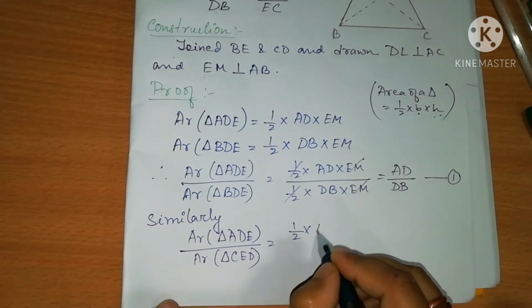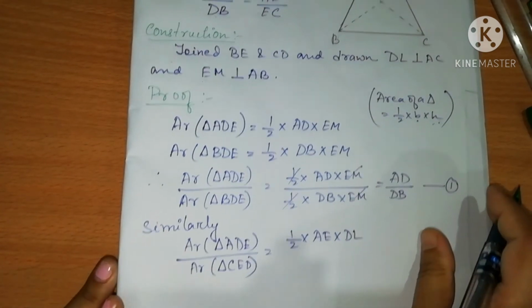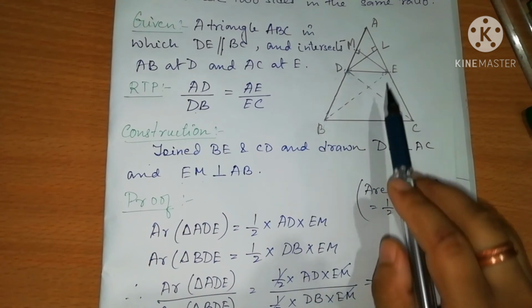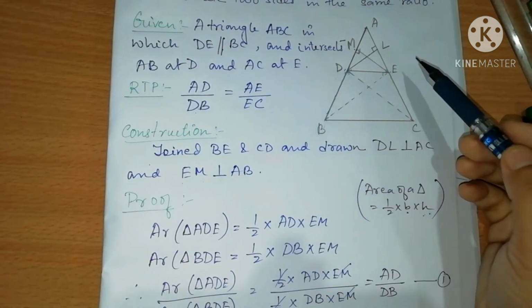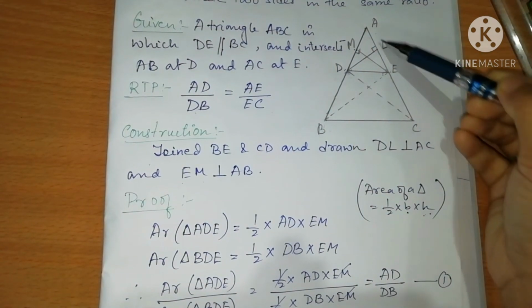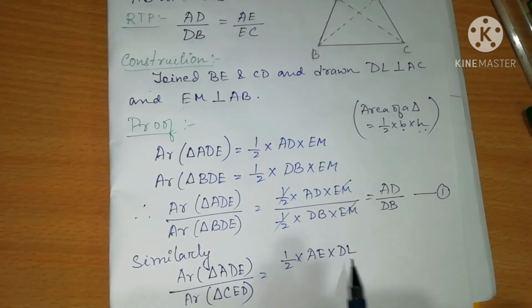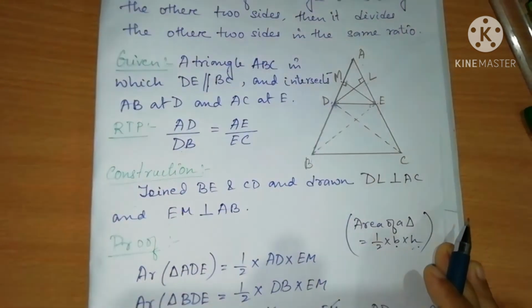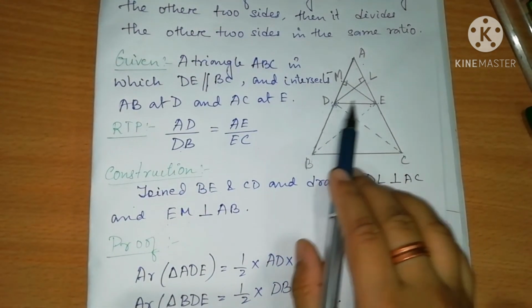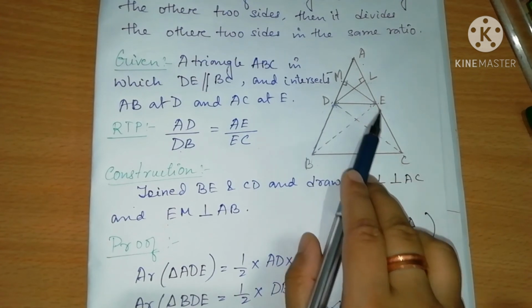For triangle ADE, we write half into base; in this case the base will be AE, with DL perpendicular. So half into AE into DL. For triangle CED, the altitude is outside the triangle, that is DL, and the base will be EC.